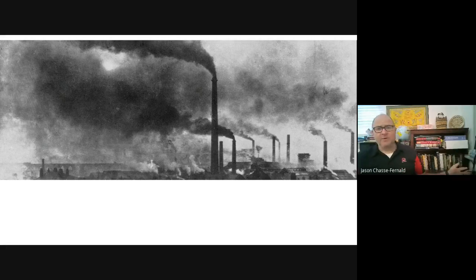That's what you should be seeing here. Other things you might want to think about: what source of energy is being replaced by coal? Human energy, manpower, is being replaced. Individuals would have run those looms before, or maybe a water wheel is being replaced by coal. So understand what is being replaced and what this is being used for.